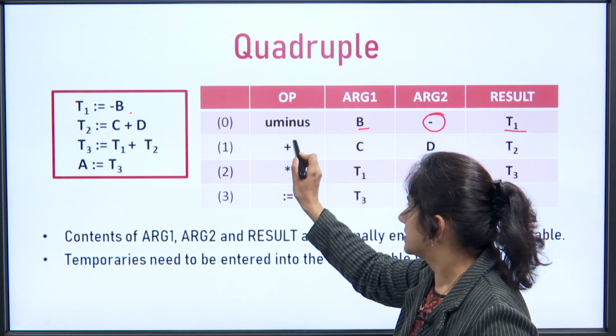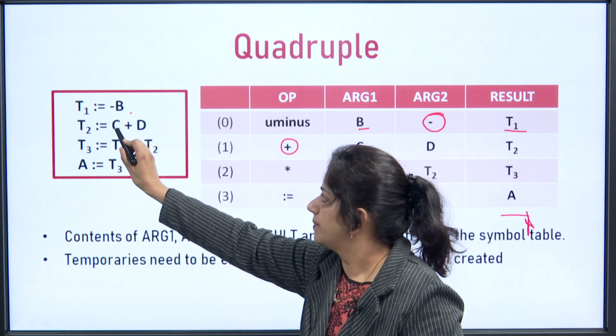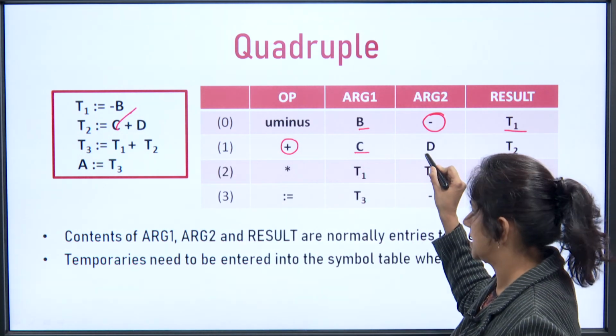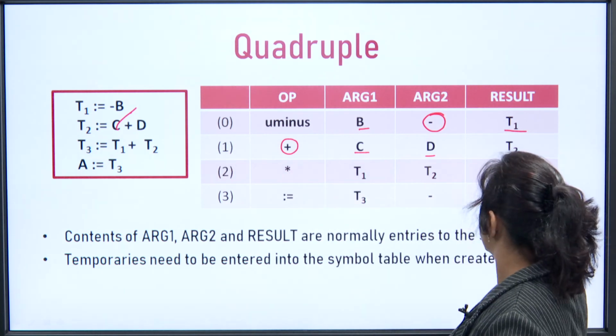Now, next is T2 = C + D. So, the operator is plus, argument 1 is C, argument 2 is D, and the result is T2.